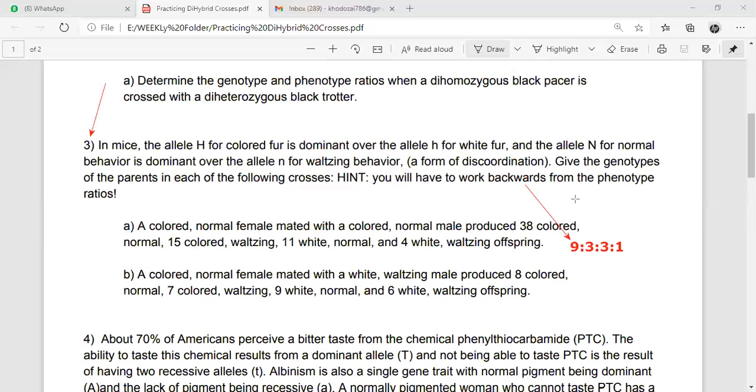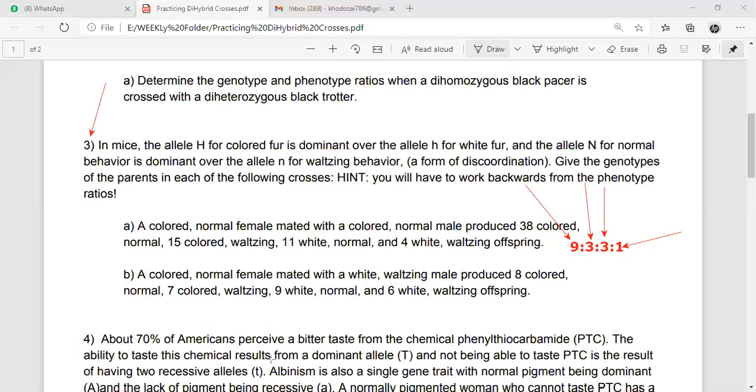So there will be 3. Similarly, normal coordination and white fur will again be 3. And both recessive will be 1. So the total outcome of a dihybrid cross is 16.